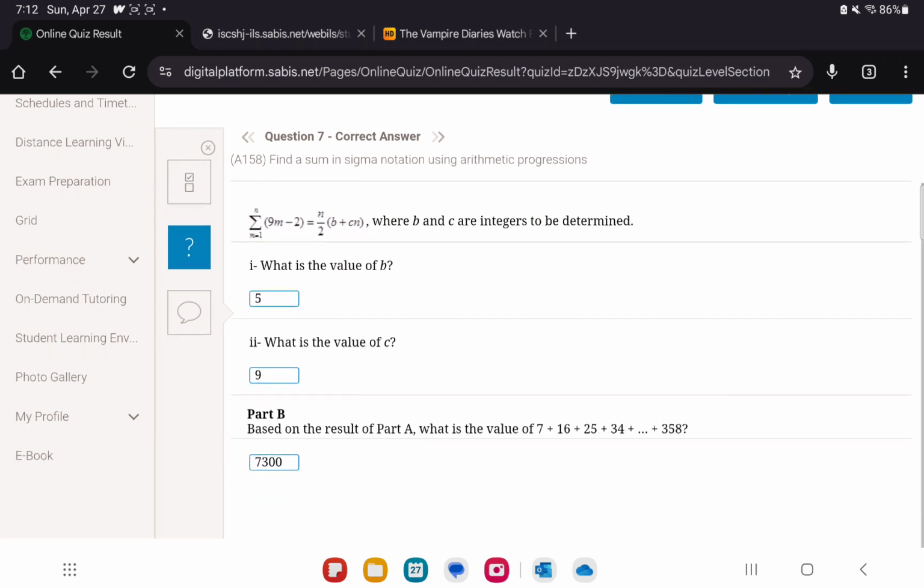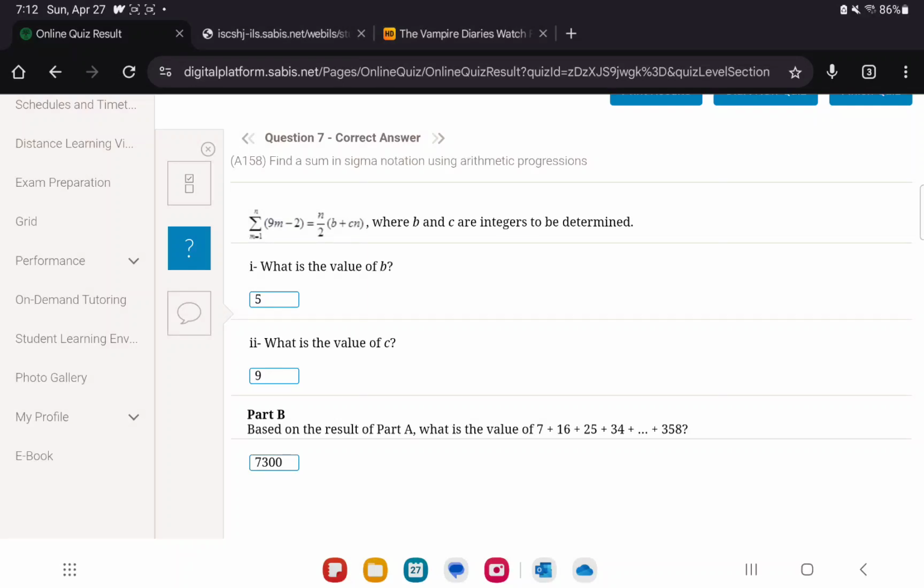Now part B, we want to find first thing the digit of this. For example, last time we found that N is 16 in that other question. Now we want to find what N is for this, and then we want to find the sum of them, okay? So we do N over 2, actually no, we don't know, we do that at the end, okay?